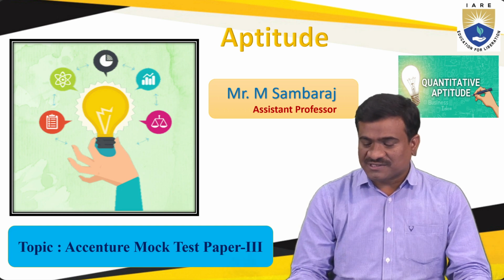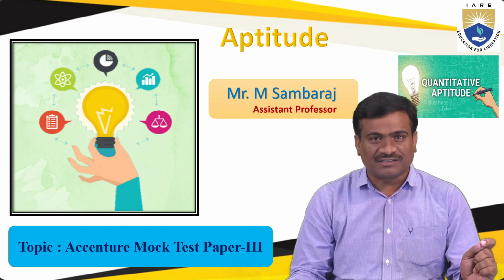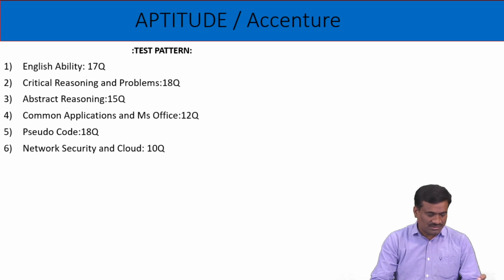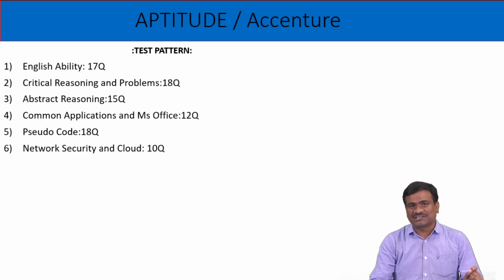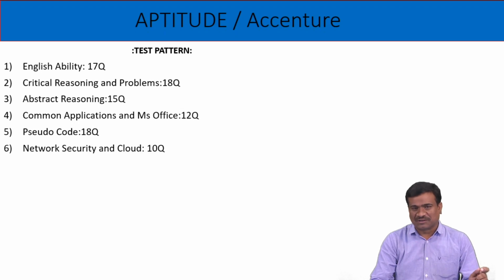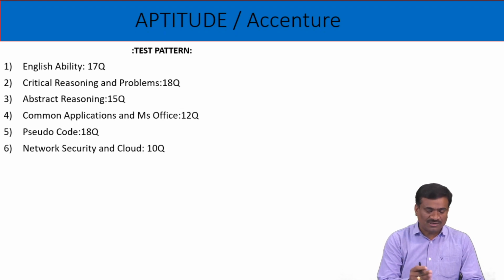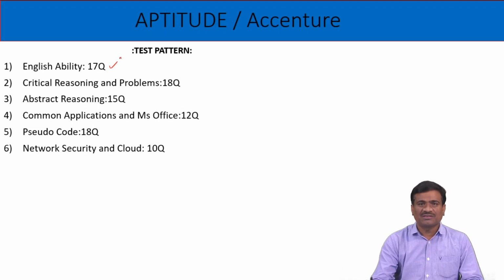Total number of sections in Accenture test pattern: total 6 sections. Section 2 and Section 3, the reasoning part, 18 questions, 18 minutes. And quant or numerical ability, only 15 questions. First one, general ability.